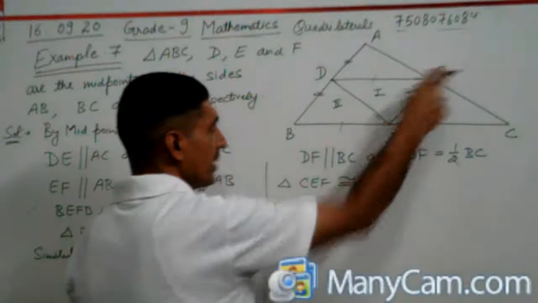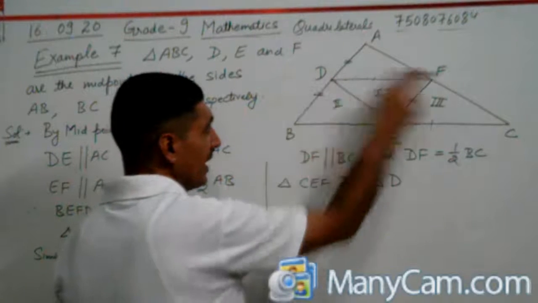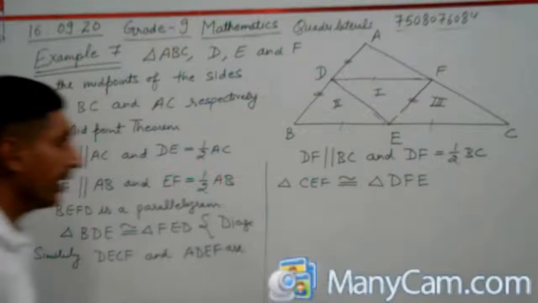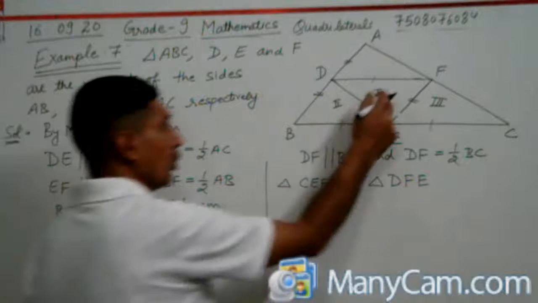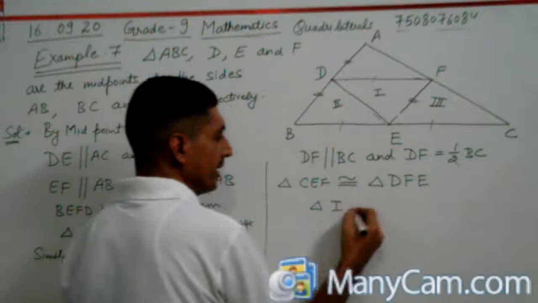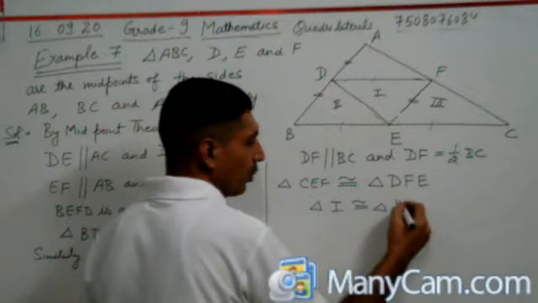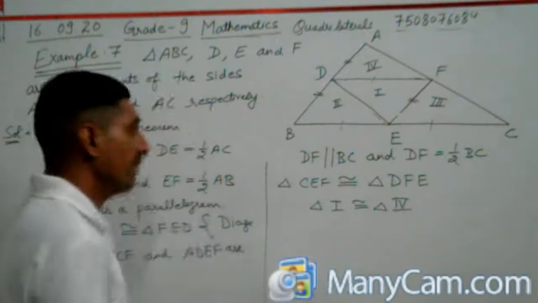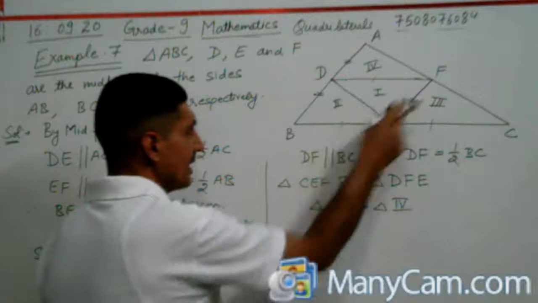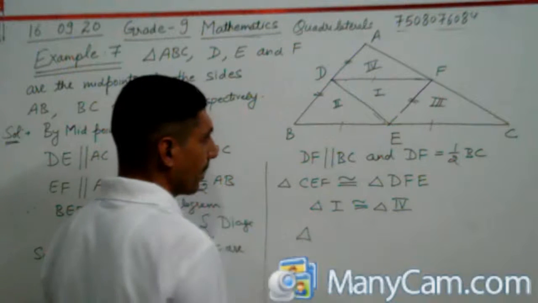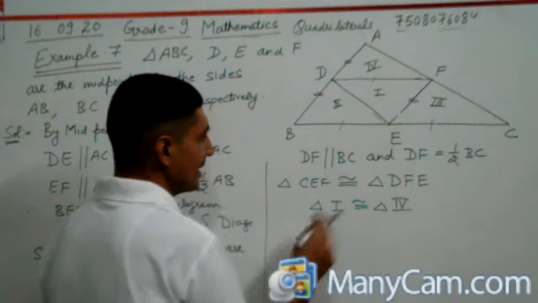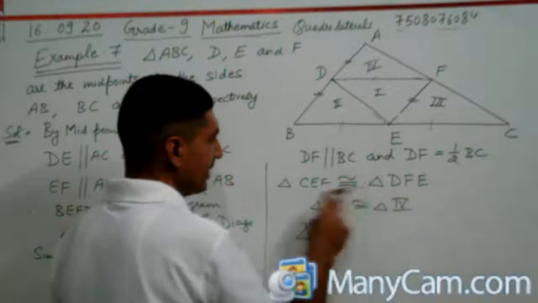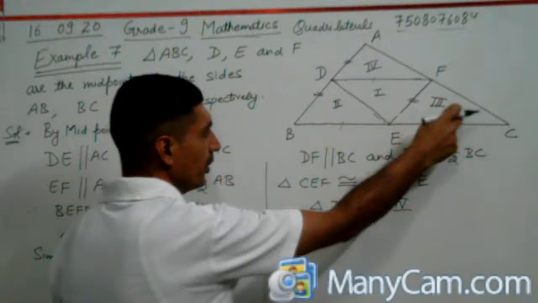Similarly, triangle 1 is congruent to triangle 4. How to name them? If I am taking triangle 1, that is DEF, then name the other according to its correspondence.